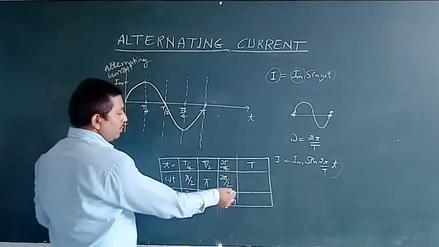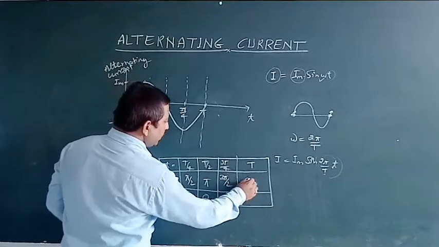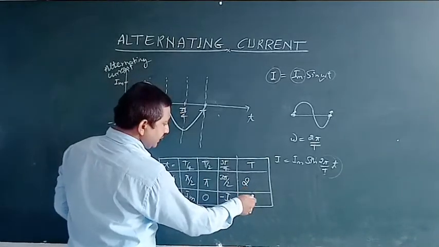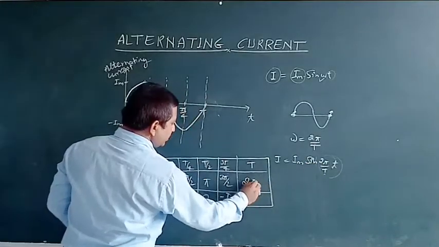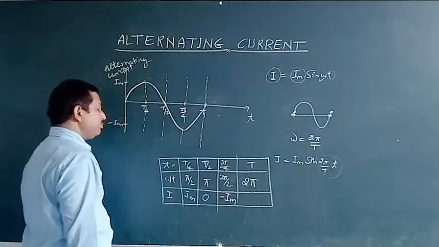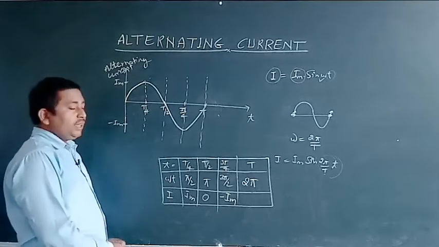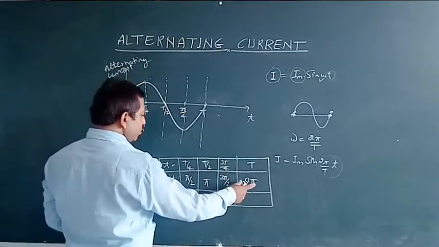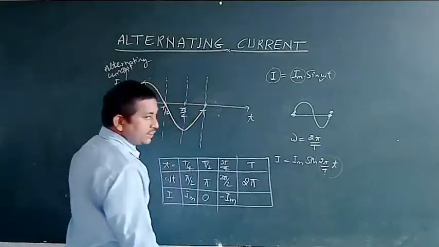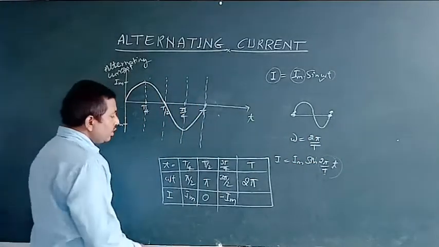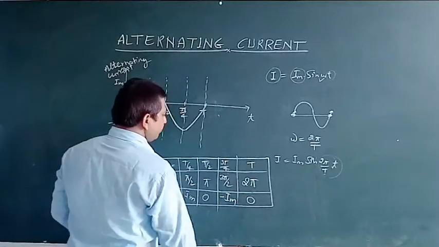So the value of omega becomes 2 pi by T, and if we put the value of t as T, then omega t becomes 2 pi. Now if we put omega t as 2 pi, then we get I equal to Im sine 2 pi. Sine 2 pi means 0, so I becomes 0.